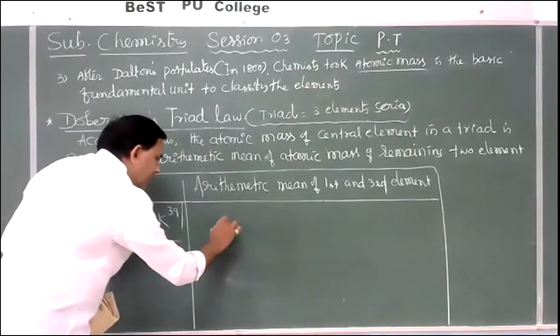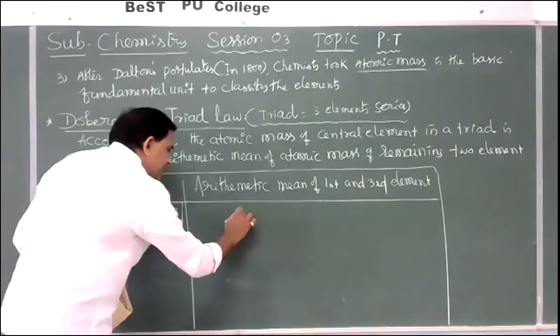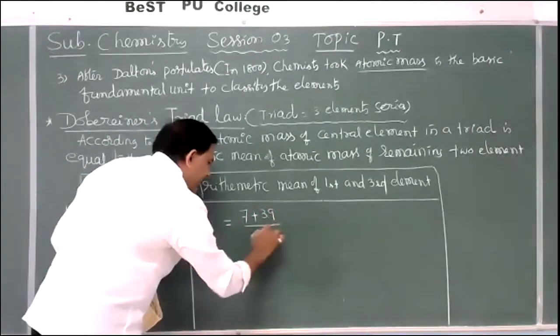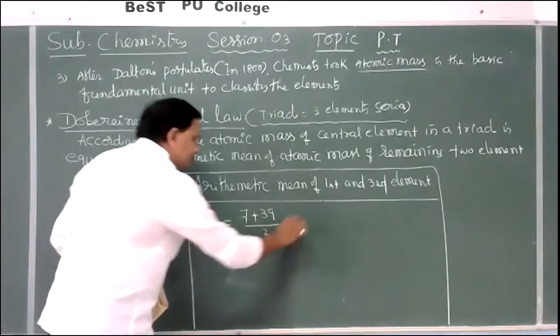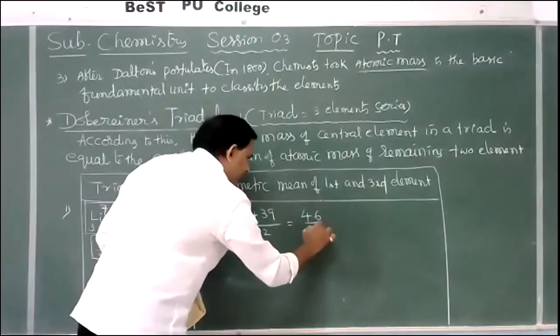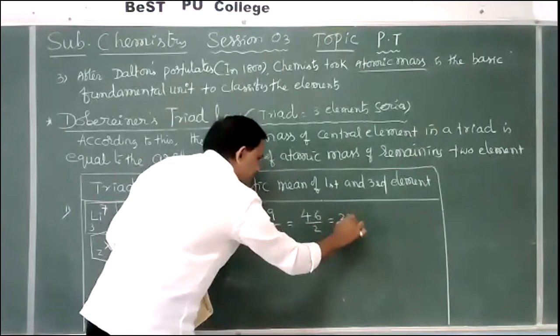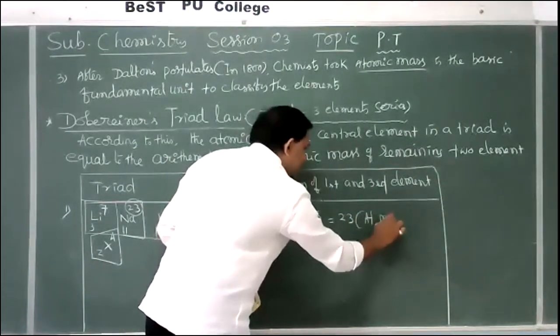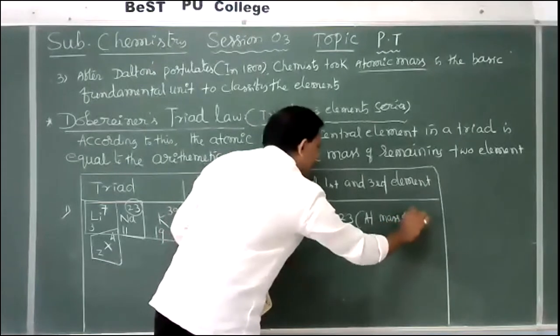That is here, 7 plus 39 divided by 2, that is equal to 46 divided by 2, that is 23. This is the atomic mass of Na, sodium.